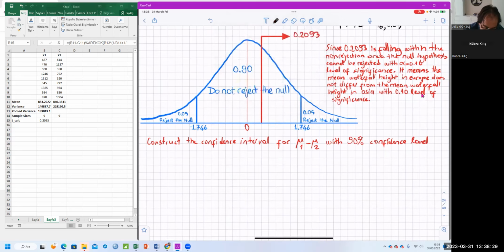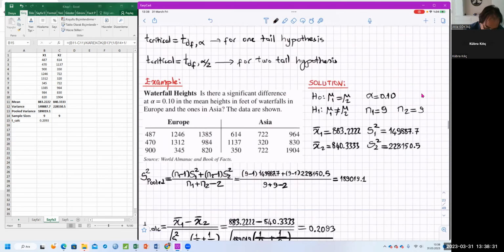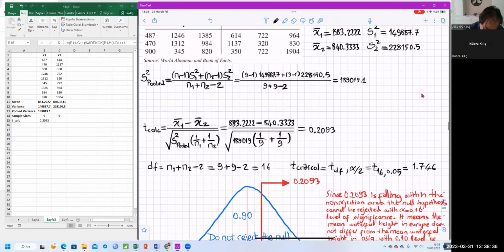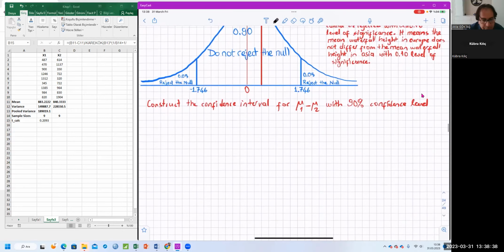Okay, to do that, let me write you. Yeah, I haven't written the confidence interval yet. I will write you here.